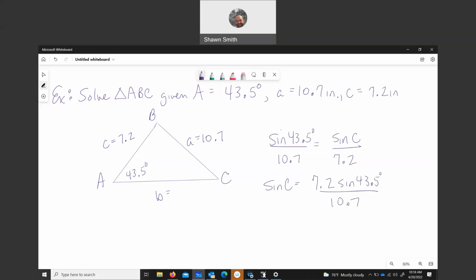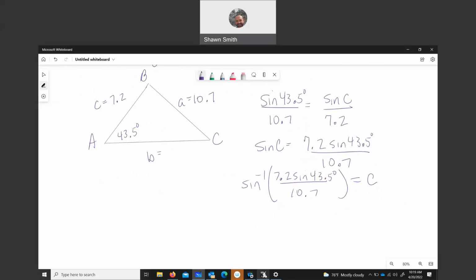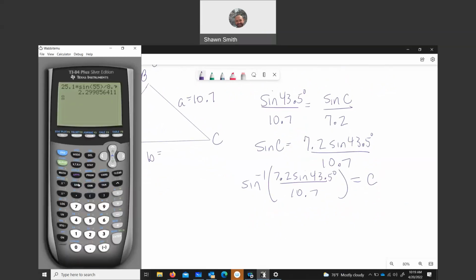The inverse sine of all of this would be C. So just type exactly what you see. 7.2, really don't need extra parentheses for all this, since it's all multiplication in the top, and then divided by 10.7, single term.